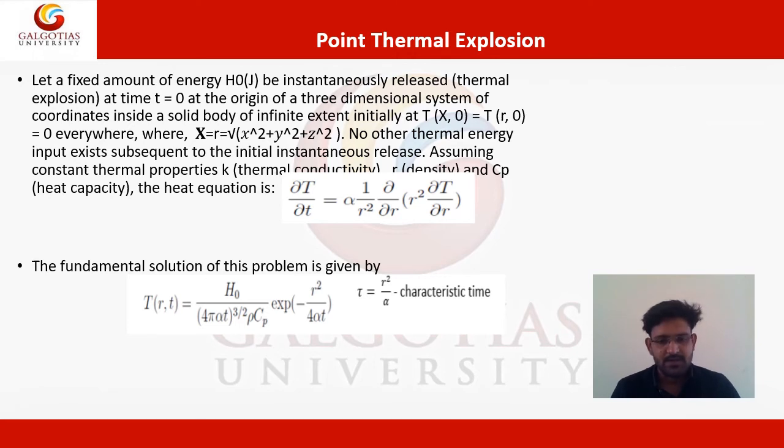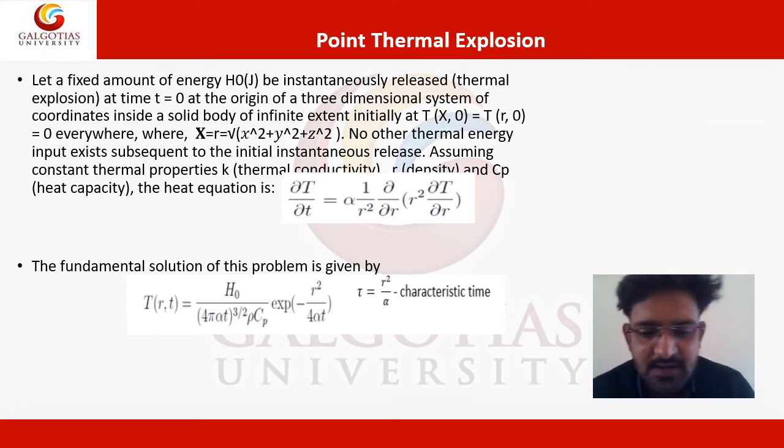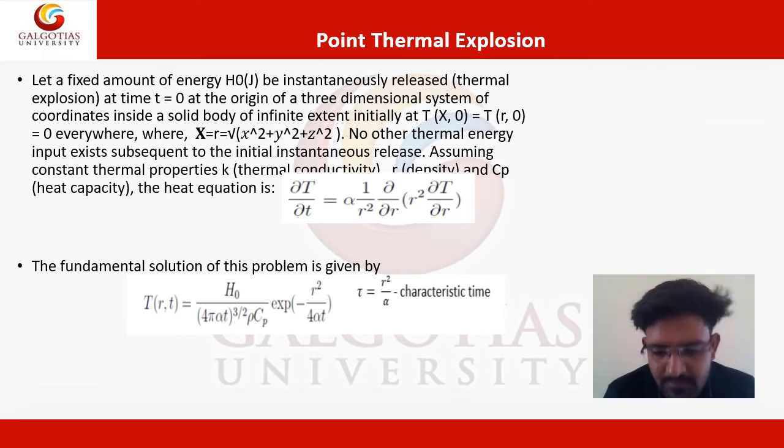Since the body is infinitely large, the far field temperature never changes and all the released energy must dissipate within the body itself. So the fundamental solution of this problem is given by T(r,t) equal to H naught upon (4 pi alpha t) to power 3 by 2 rho Cp, times exponential of minus r square upon 4 alpha t, where tau is the characteristic time and that is defined as r square by alpha. So the solution we are getting becomes a function of time.